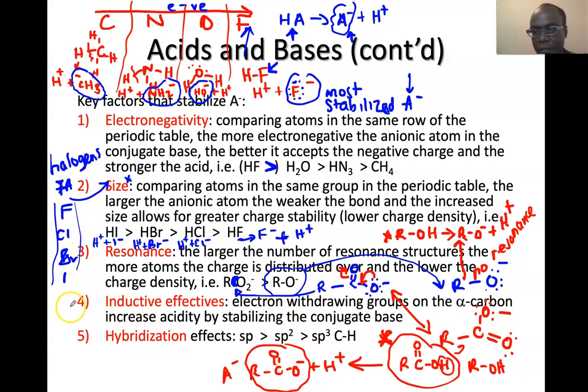So the other reason is inductive effect, which goes with the presence of electronegative groups that pull electrons inwards towards the structure, and of course hybridization. An sp hybridized element is going to give you higher acidity than sp2 than sp3 whenever considering CH bonds.